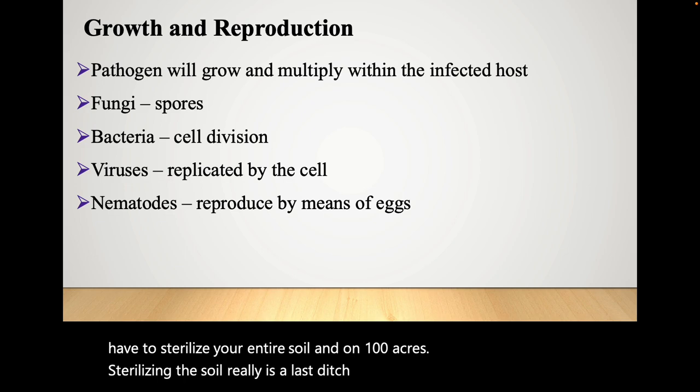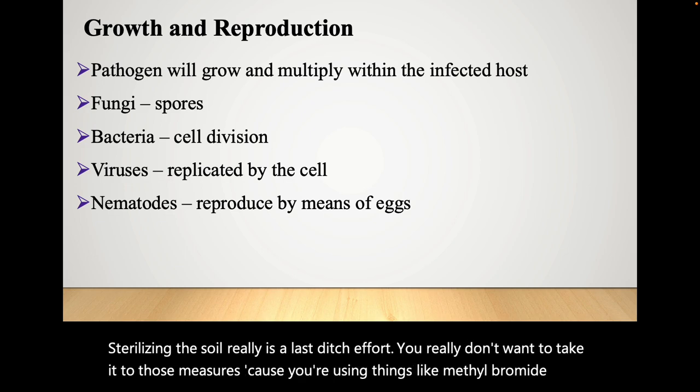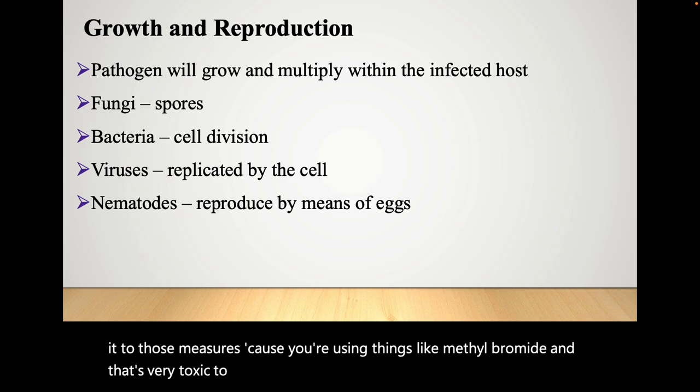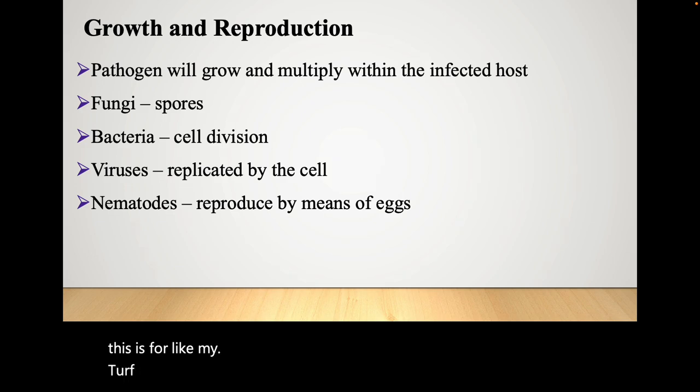You really don't want to take it to those measures because you're using things like methyl bromide, and that's very toxic to the environment. You have to put a tarp out, and this is for my turf students. Maybe you've seen this or at least heard about it.